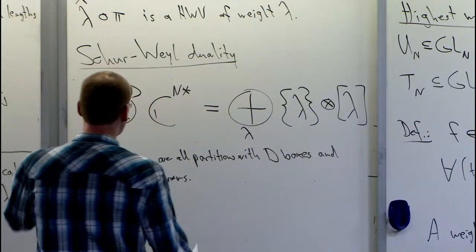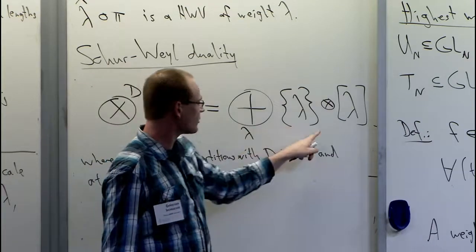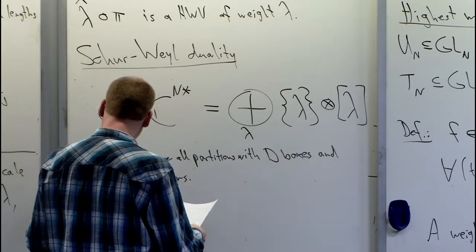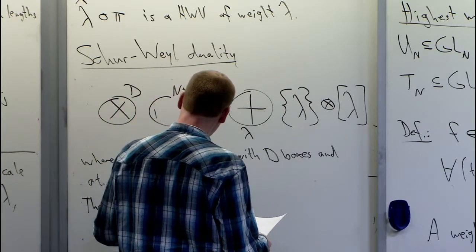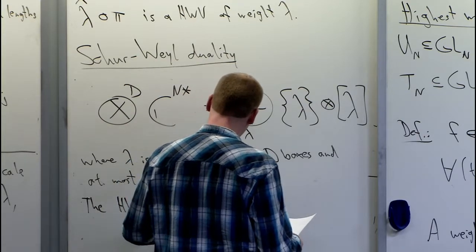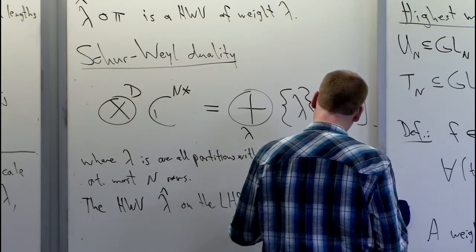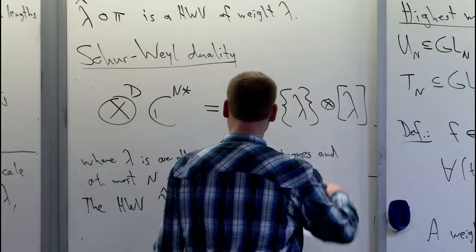So we had a highest weight vector here, which was lambda hat. How does it correspond to some highest weight vector here? And it works as follows. So the highest weight vector, lambda hat, on the left-hand side corresponds to, on the right-hand side, this is the following.